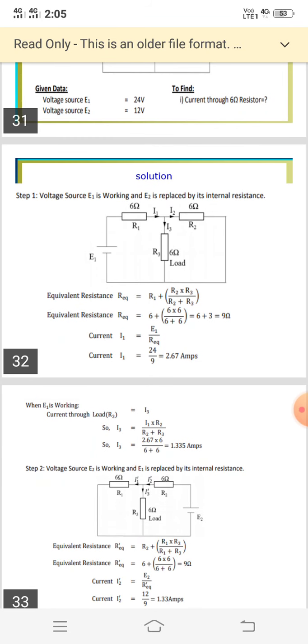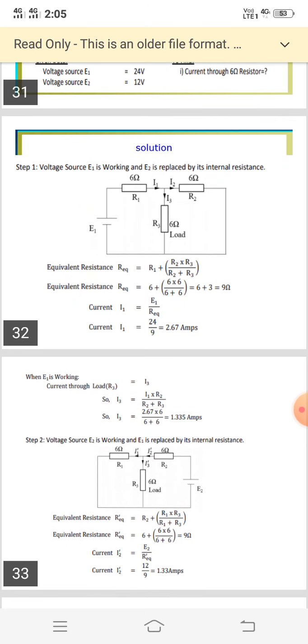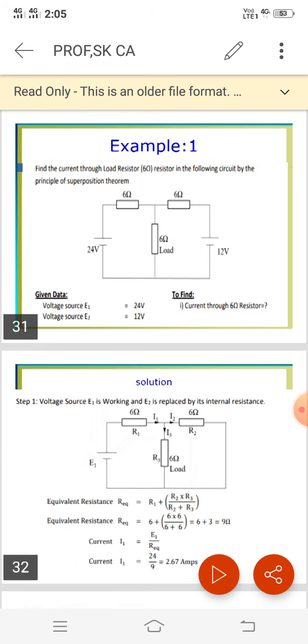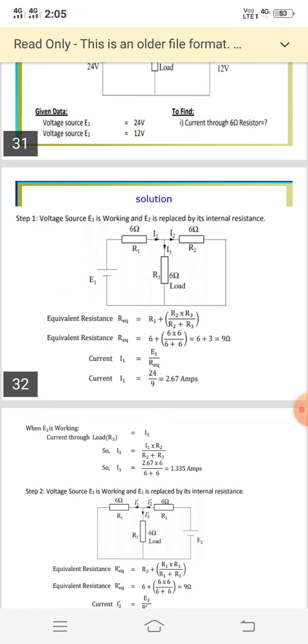Unit is important, so students, kindly put a unit with each and every answer. I1 equals 2.67 amps. Then the problem says the load resistor of 6 ohm has current I3.